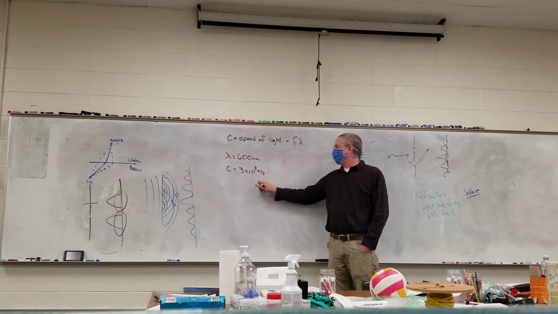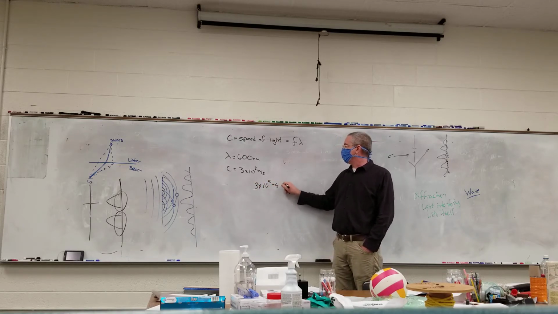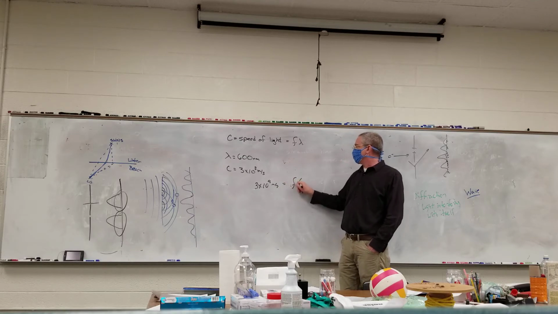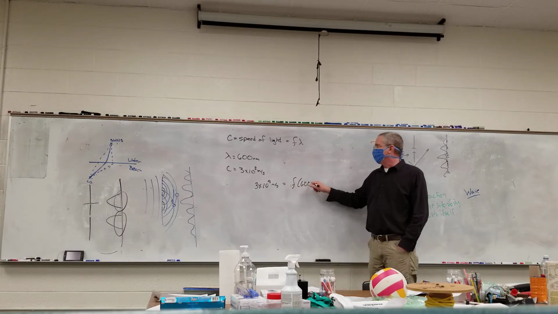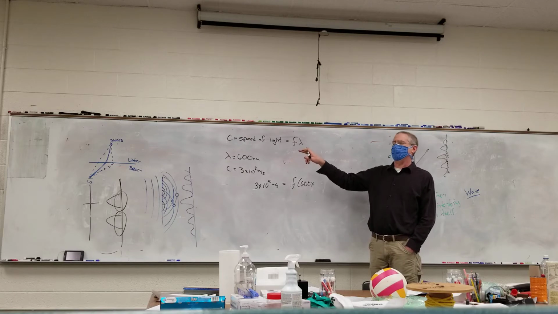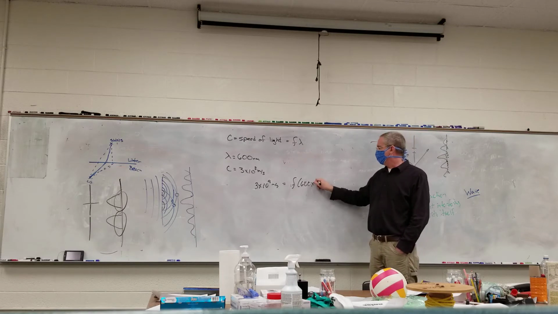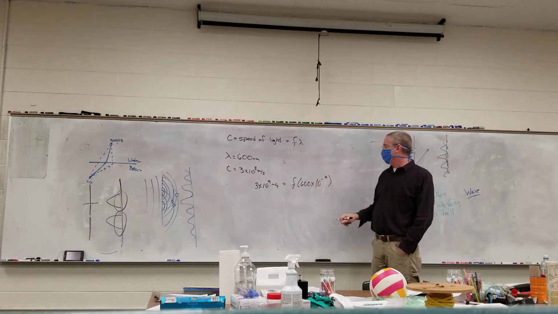And so we can find the frequency. We have 3 times 10 to the 8th meters per second equal to the frequency times 600 nano. What's nano? 10 to the negative 9.